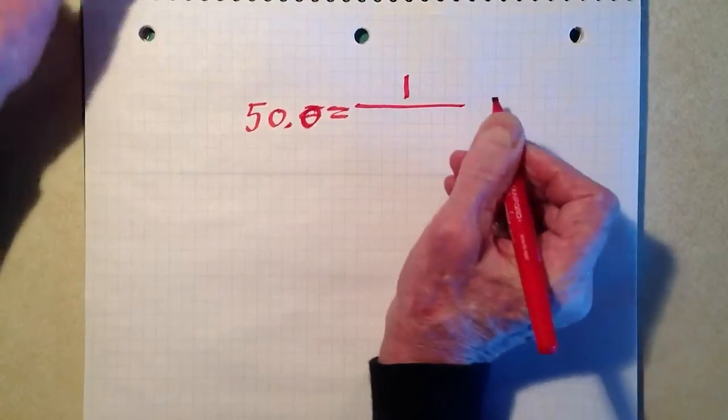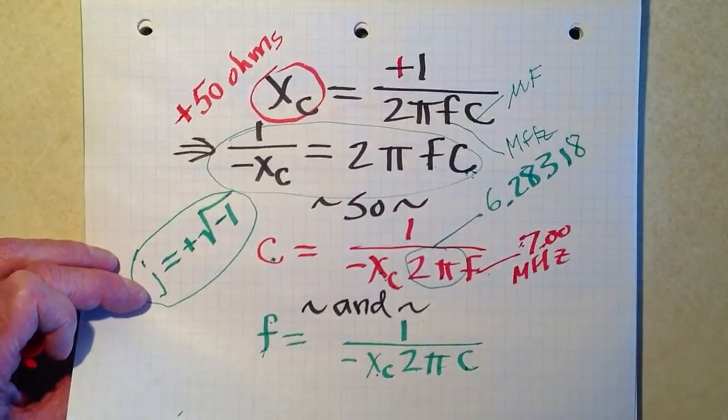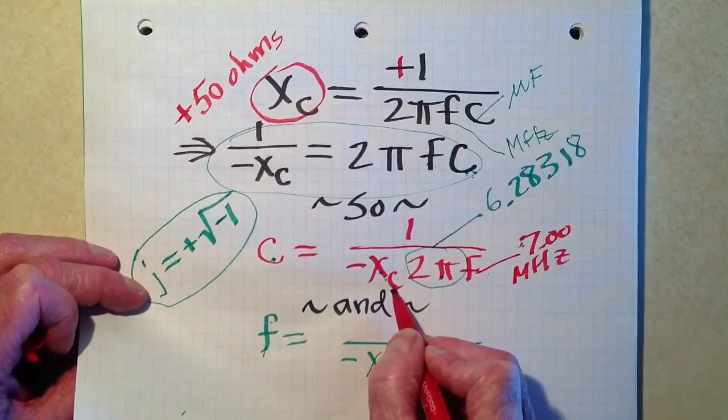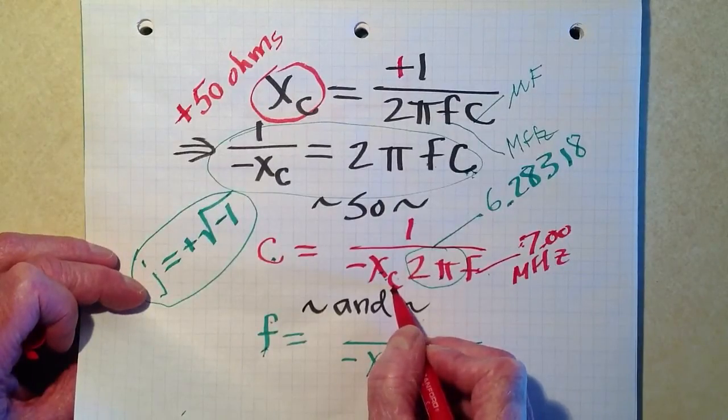So then what we have is 1 divided by minus the capacitive reactance, so minus a minus 50 is 50.